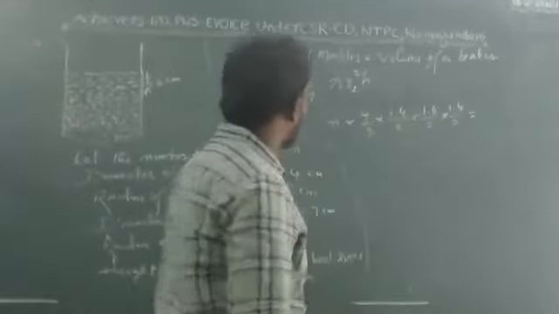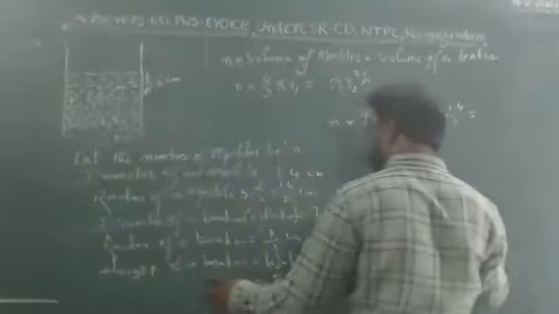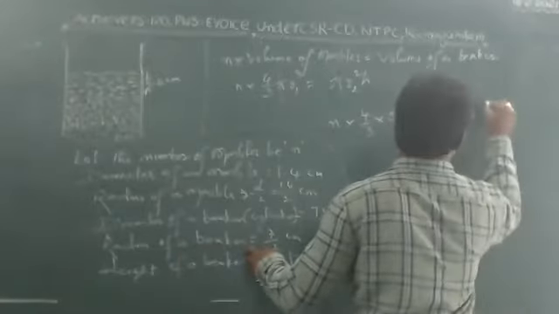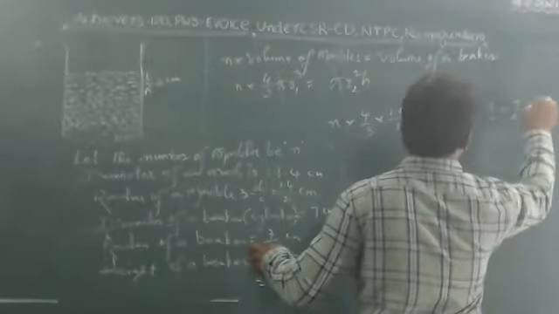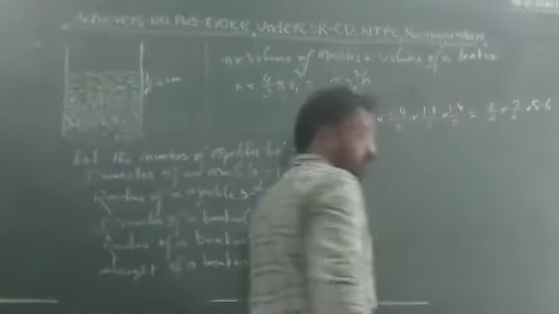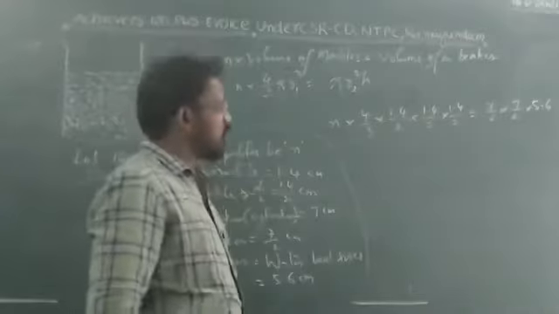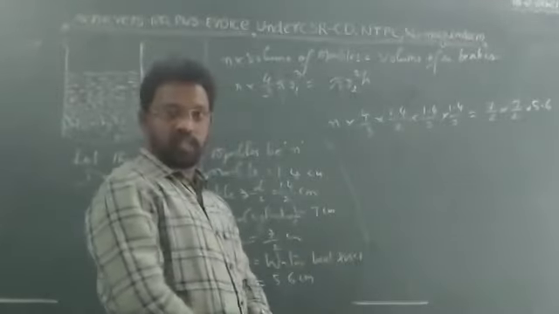That is equal to R2. What is R2 here? The R2 of the beaker is 7 by 2, 7 by 2 into 7 by 2, into 5.6. R square H.